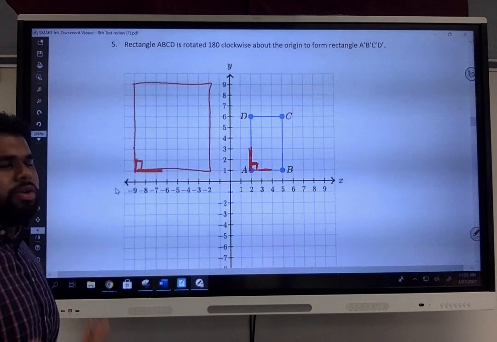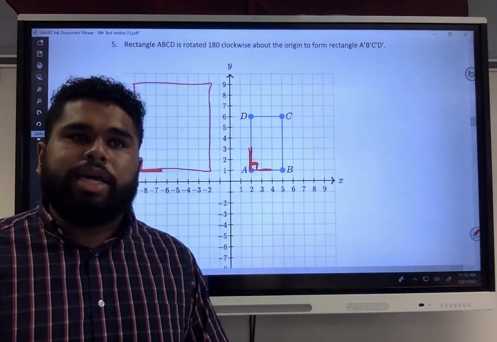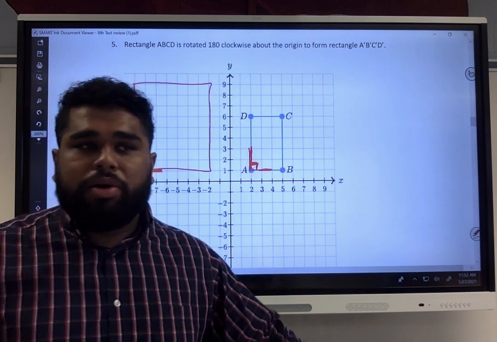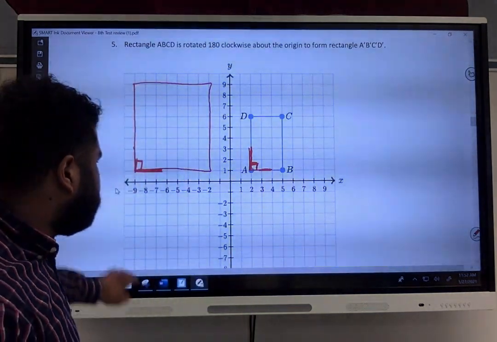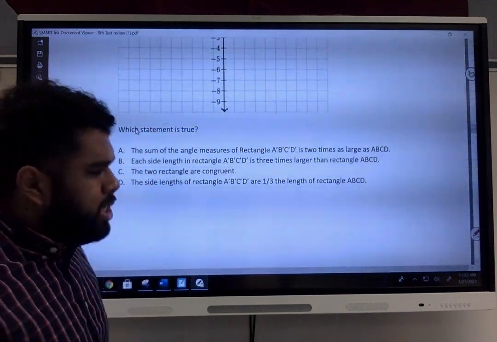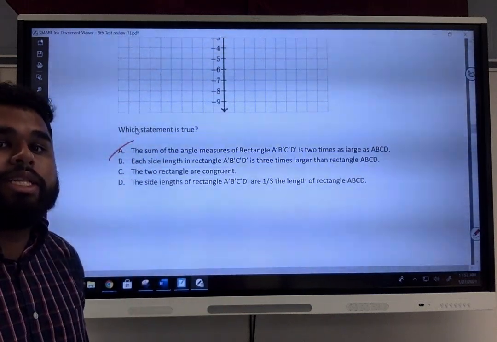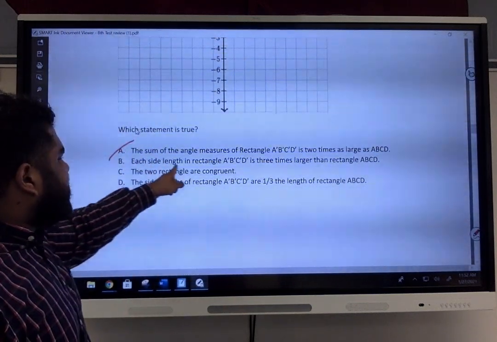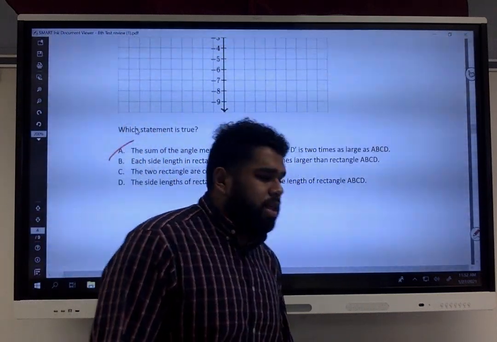It's a 90-degree angle. So no matter how much you dilate your shape or move it around or flip it over, the angle measurements will stay the same. So when it says anything changing about the angle measurements, you already know that's automatically incorrect, because they will stay congruent. They'll stay the same.